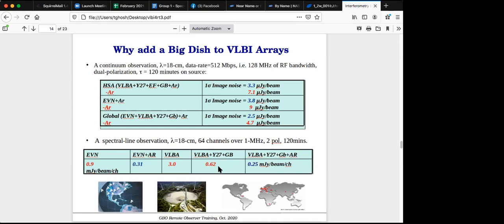So anyway, these are transient short duration events. There you need raw sensitivity. Or a spectral line object where you cannot increase your bandwidth to improve sensitivity. There also you need raw sensitivity. So these are two clean science cases where adding a big dish to your standard array would help you.